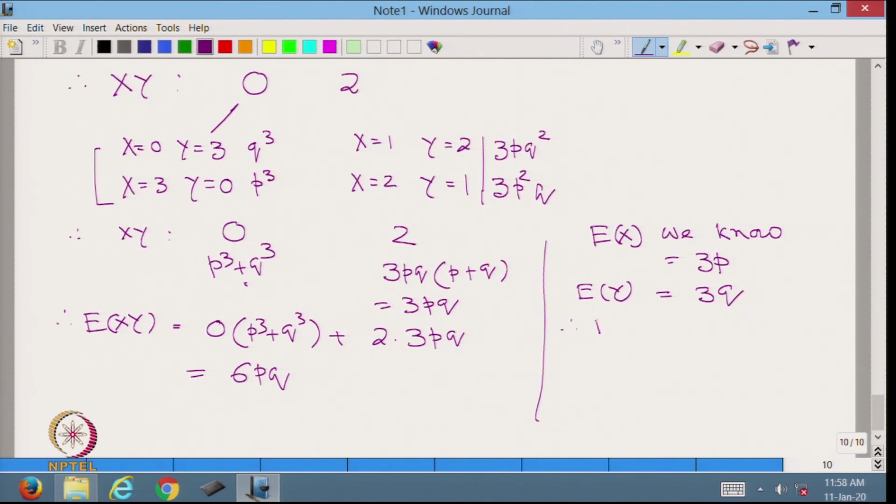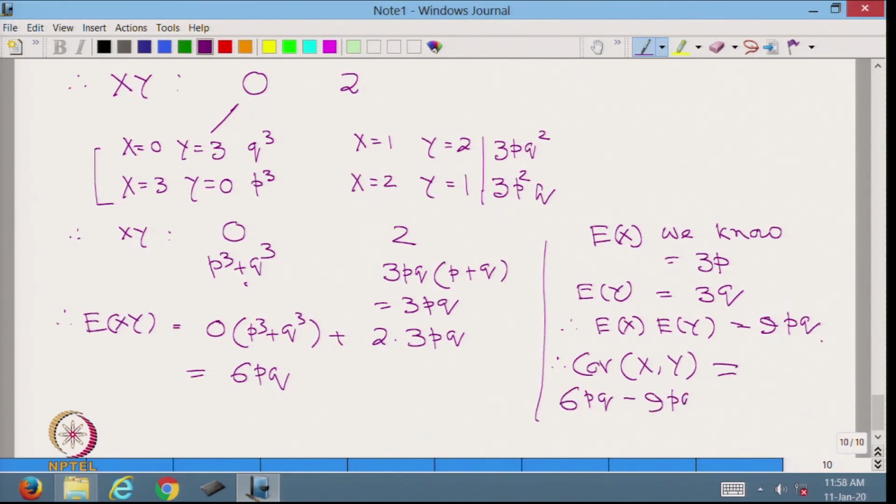Therefore, expected value of x into expected value of y is equal to 9 p q. Therefore, covariance between x and y is equal to 6 p q minus 9 p q, which is equal to minus 3 p q, which is negative.